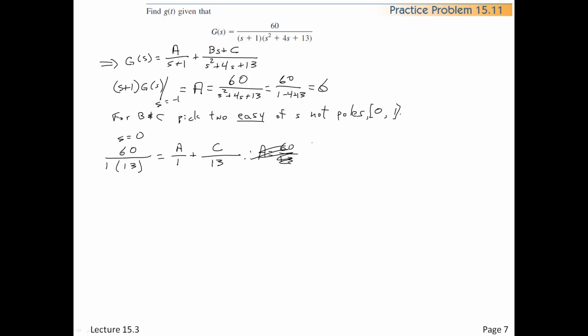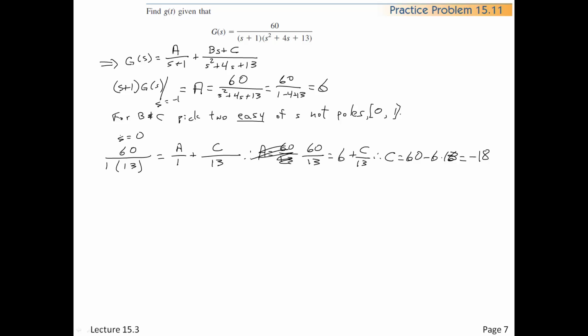So we have 60 over 13 is equal to 6 plus C over 13. And that means C is equal to, multiply through by 13, 60 minus 6 times 13. All right, 6 times 13 is 78, so this will be minus 18.